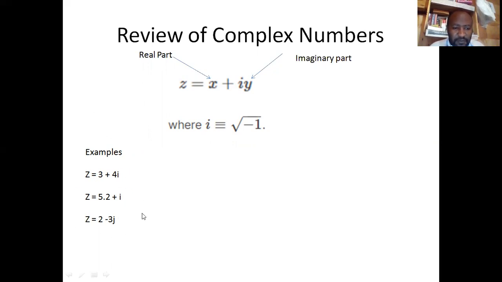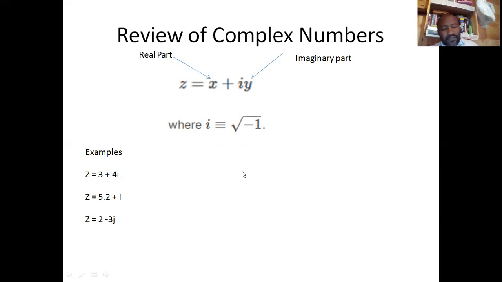And you need to be able to also write the complex conjugate of complex numbers written in this notation. The complex conjugate is basically what changes is the sign of the imaginary part, so that if my number is z equals 3 plus 4i, the complex conjugate will be 3 minus 4i.